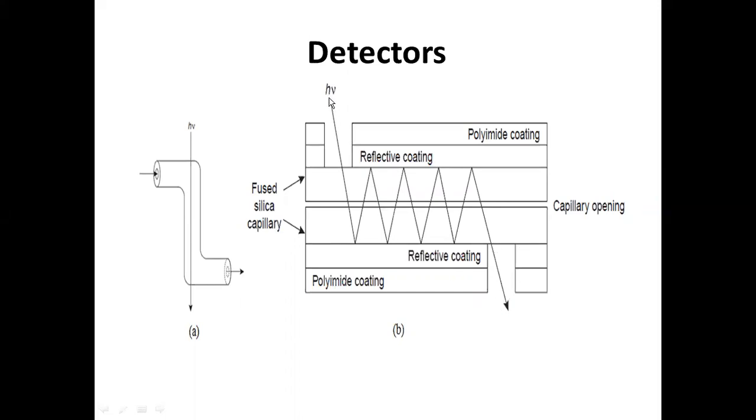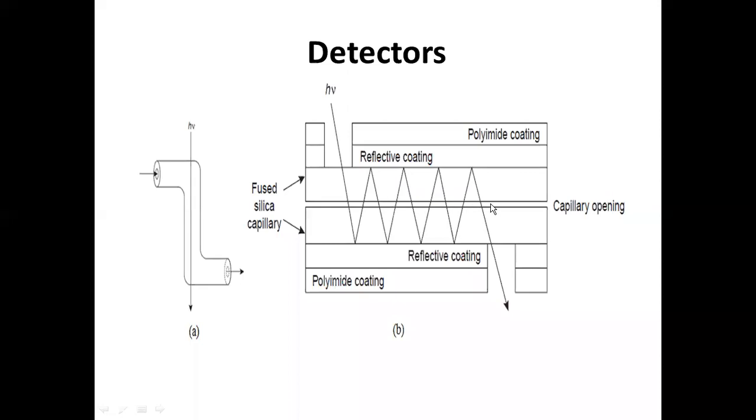If you pass a beam of laser having energy of h nu through the capillary, through which the solutes are passing at the mid, the capillary opening through which the solutes are passing. The laser is a highly energetic beam, and this highly energetic beam will produce greater reflecting radiations with intensities of satisfactory level.